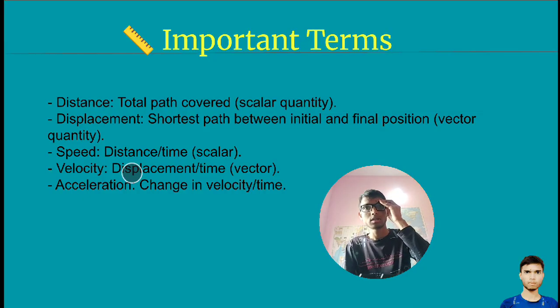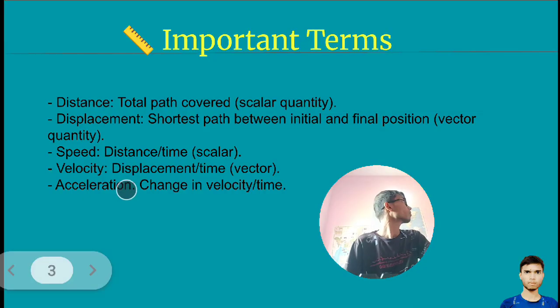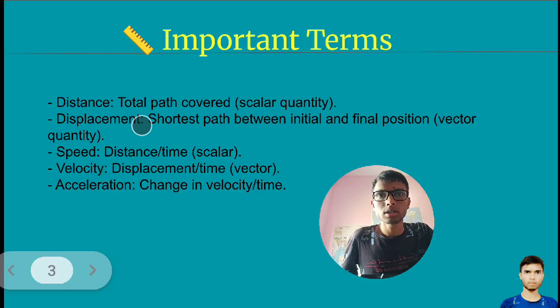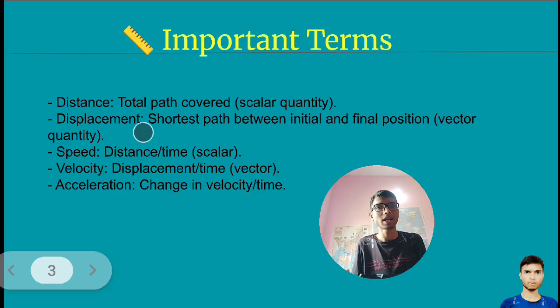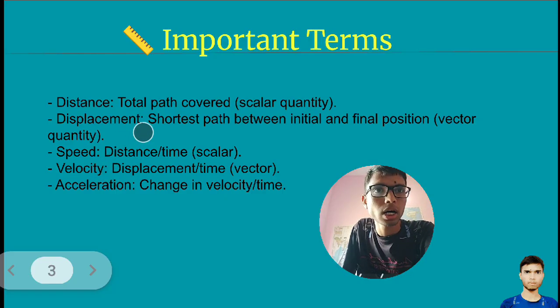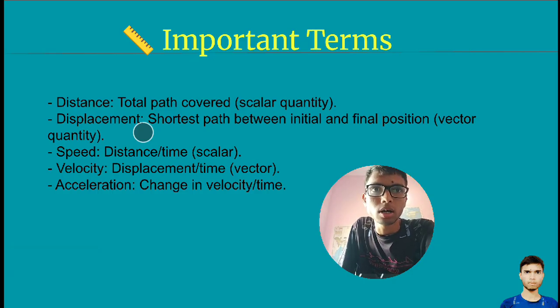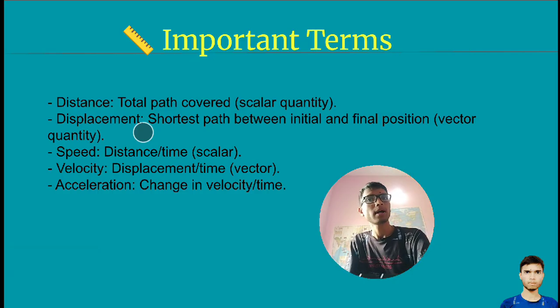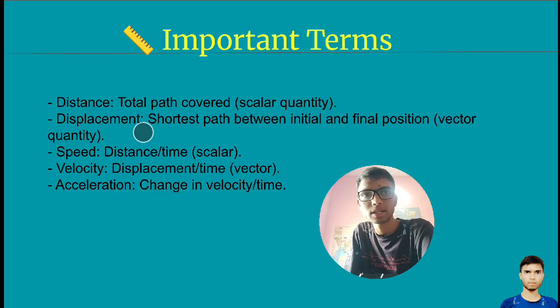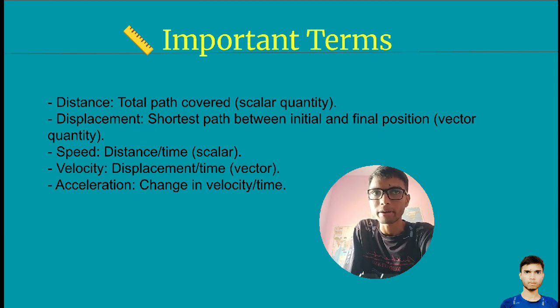Okay. Now, it is a scalar quantity and we have to prove it. I told you it tells only fastness. It will not tell the direction of a vehicle. That's why it is a scalar quantity. And what is the definition of a scalar quantity?